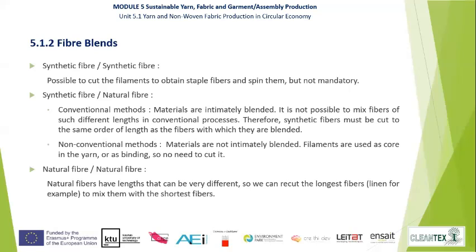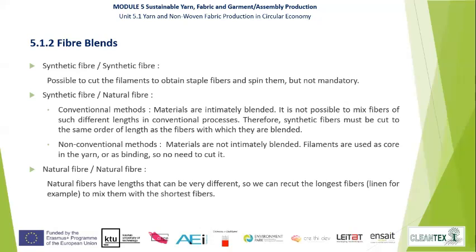When we have a blend of synthetic fibers and natural fiber, if we use the conventional method, so the ring spinning, the materials are intimately blended, and it's not possible to mix fibers of such different lengths in conventional processes. So we need to cut the synthetic fibers to have the same order of length as the natural fibers with which they are blended.